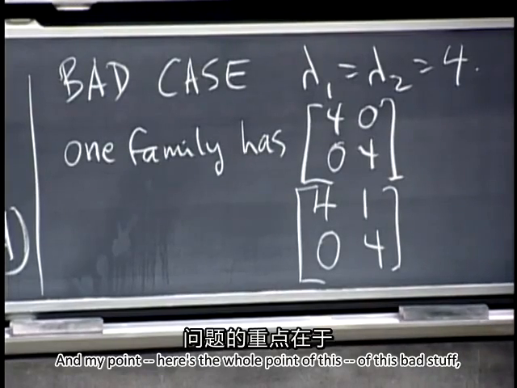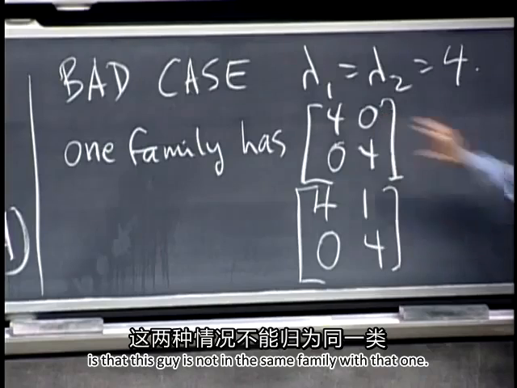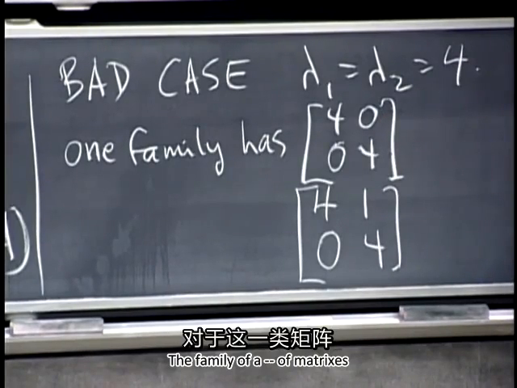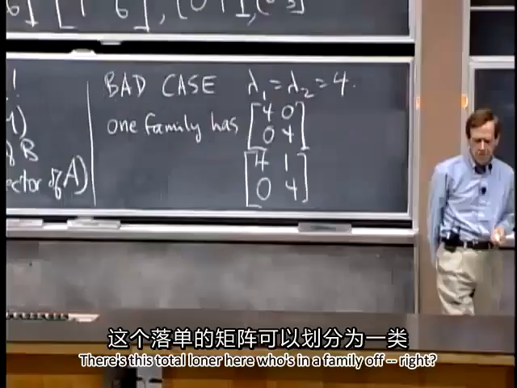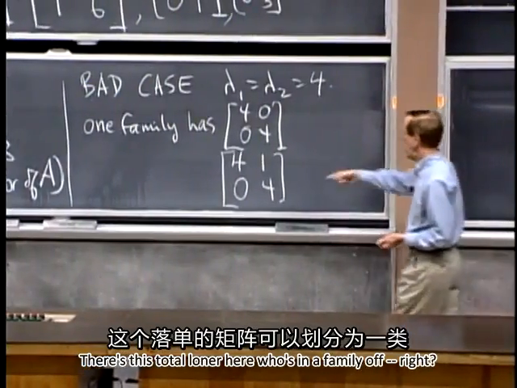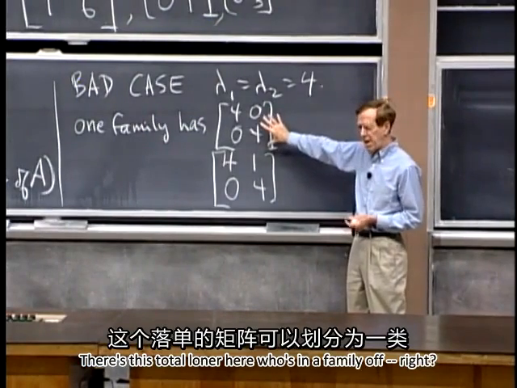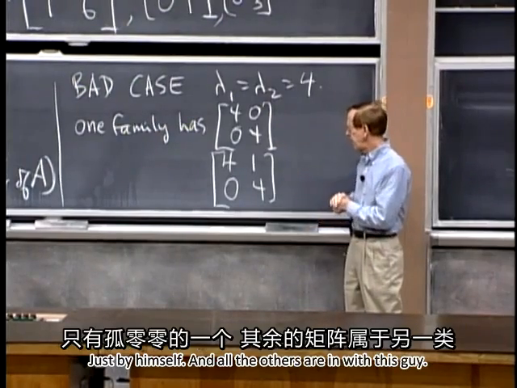And my point, here's the whole point of this bad stuff, is that this guy is not in the same family as that one. The family of matrices that have eigenvalues 4 and 4 is two families. There's this total loner here who's in a family off by himself.